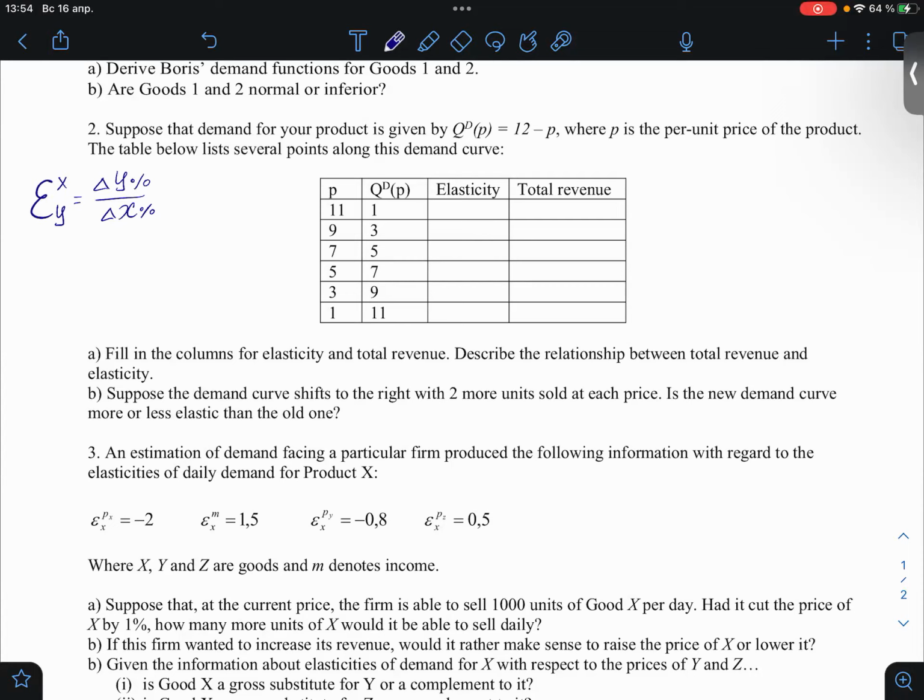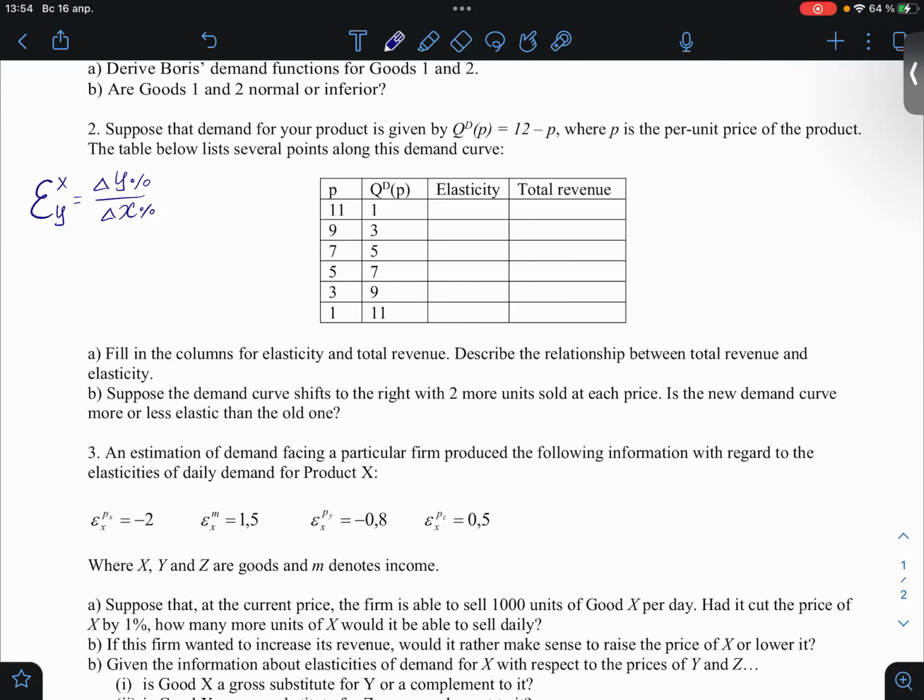So you can count elasticity for everything: elasticity of demand by price, cross price elasticity, elasticity of demand by income, and so on. This is the reaction of one variable to the change in another variable in percent.